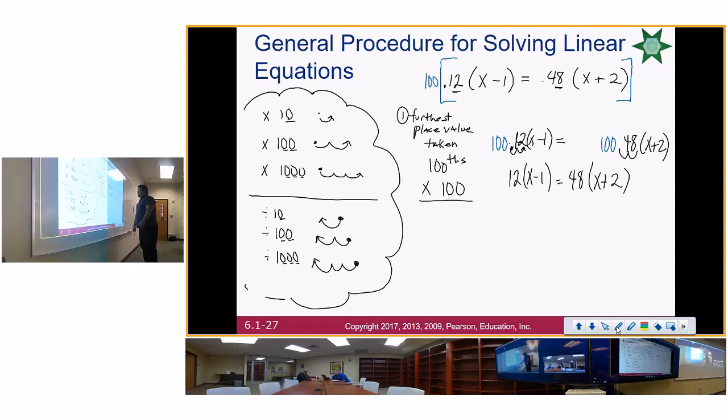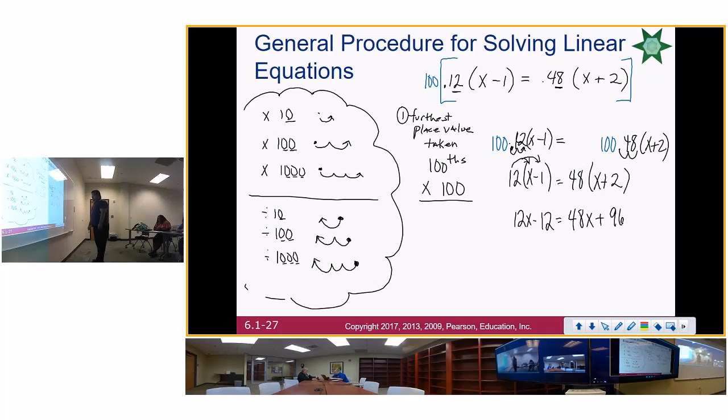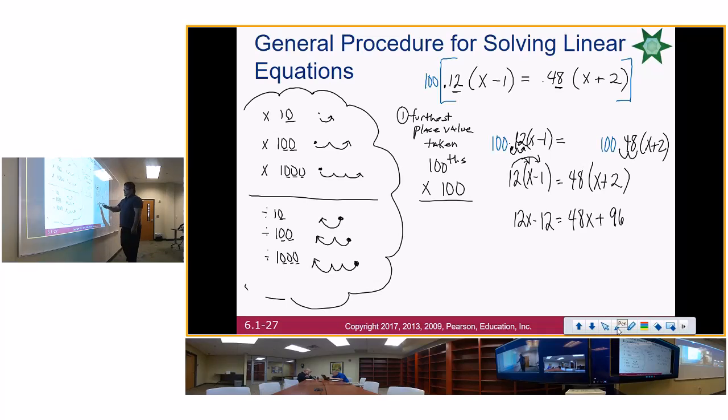All right, very good. So I'm going to distribute that 12. And I get 12x minus 12 is equal to 48x plus what? 96. Yeah. Now, which one is smaller, 12x or 48x? 12. So I'm going to move 12 over. That's where I screwed up.